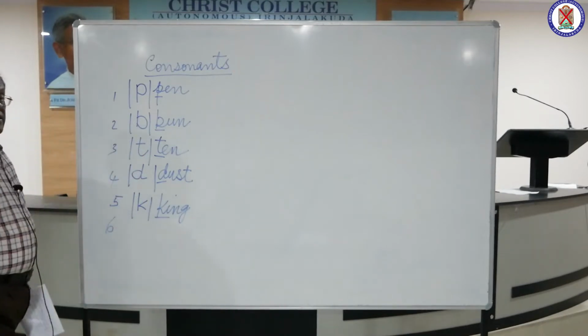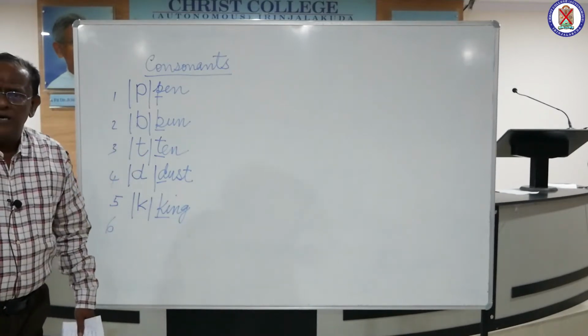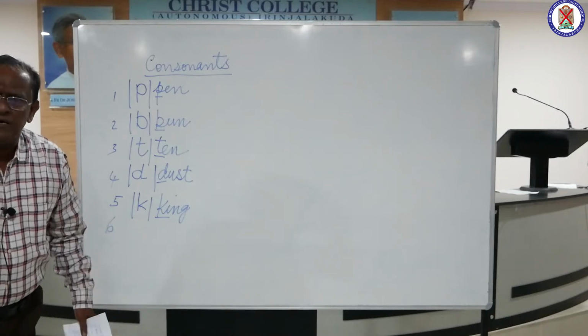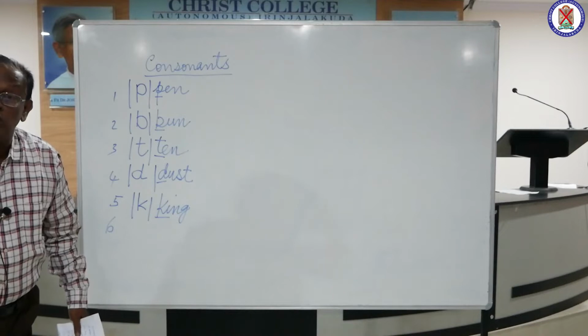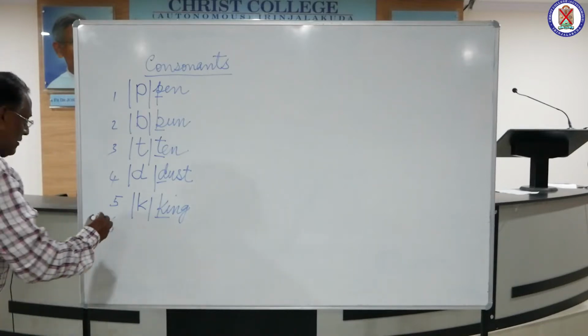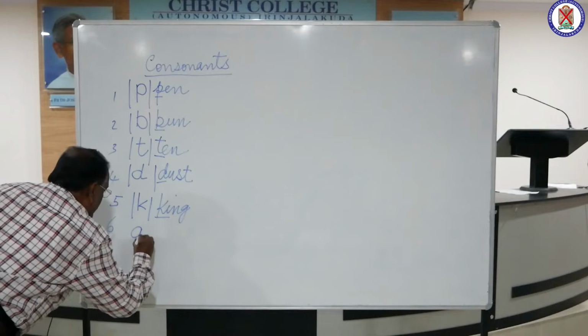Sixth one, g sound, which you have in gun, garage, goal. G sound is represented by a small letter g.